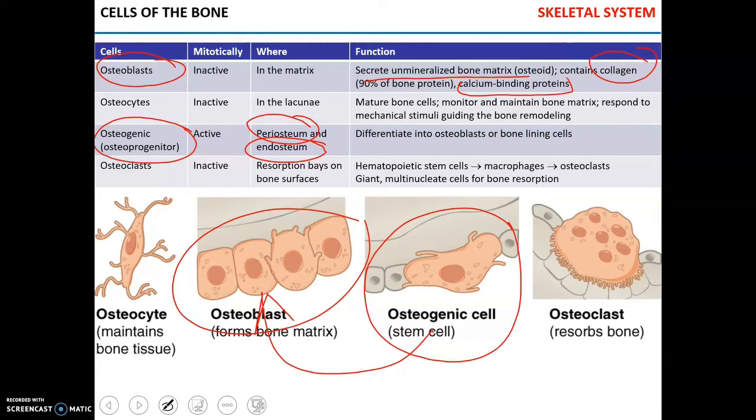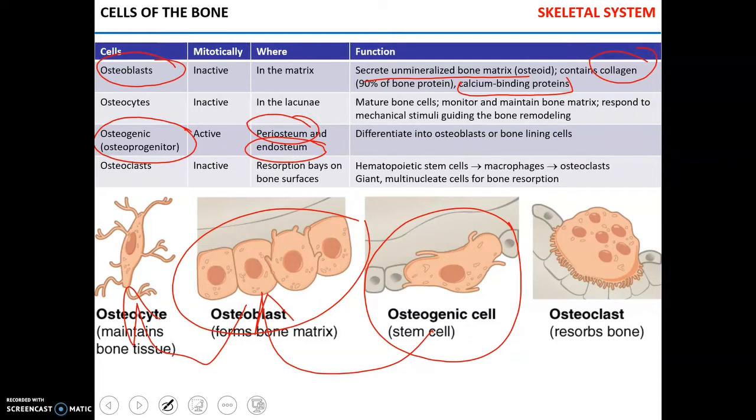Osteoblasts further differentiate into osteocytes. That occurs when osteoblasts get trapped in matrix that they actually produced. When osteoblasts are trapped in matrix, they become osteocytes. So osteocytes are mature bone cells. They are mitotically inactive.